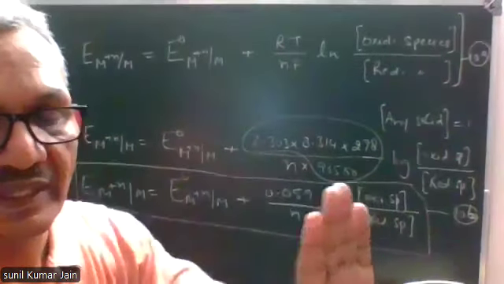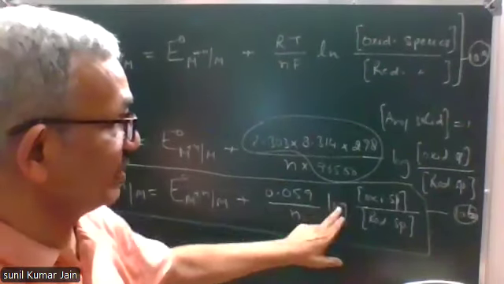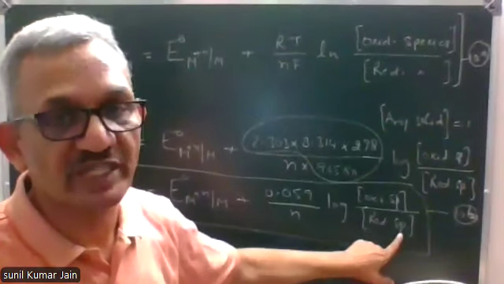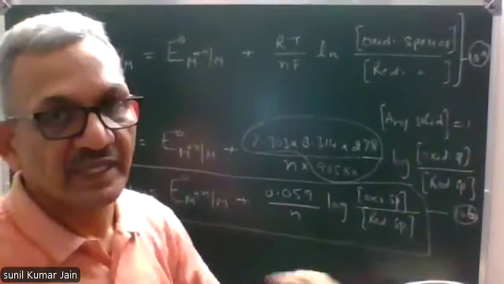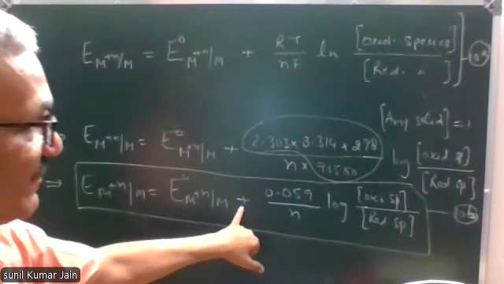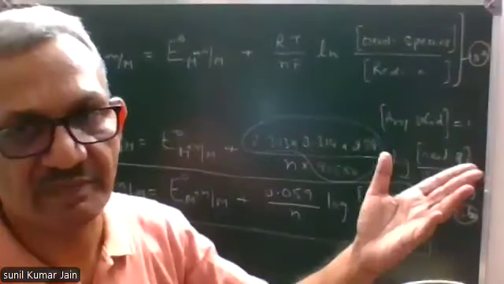It's okay, you can use the negative sign. If you use negative, then it will be log of concentration of reduced species divided by oxidized species. But because I'm in the habit of using the positive sign here, if it is positive, then oxidized divided by reduced. Doesn't make any difference.